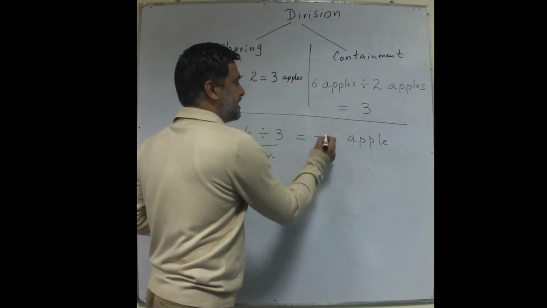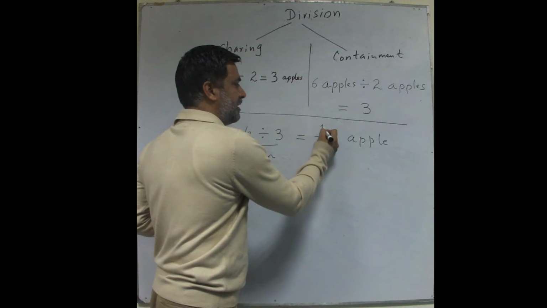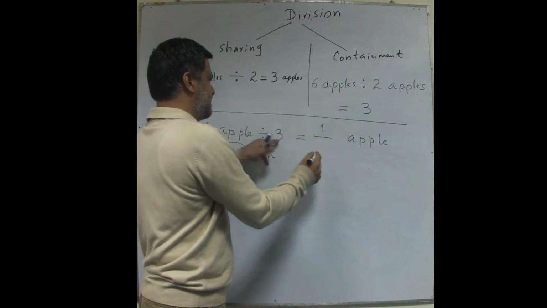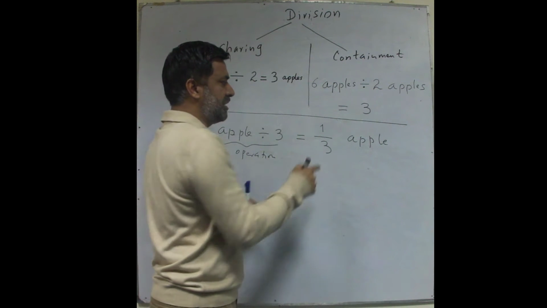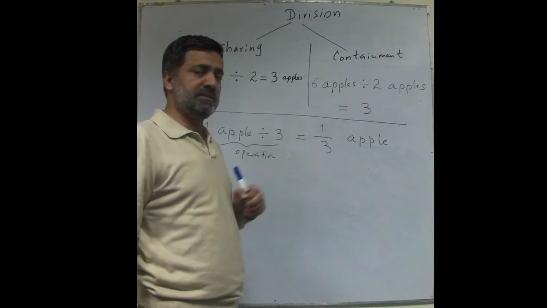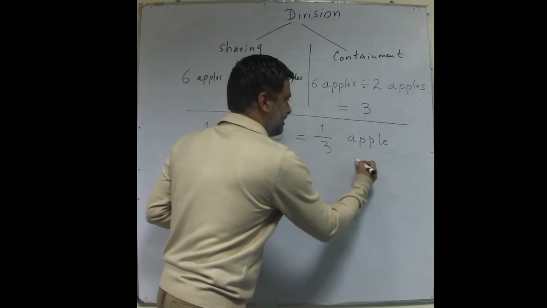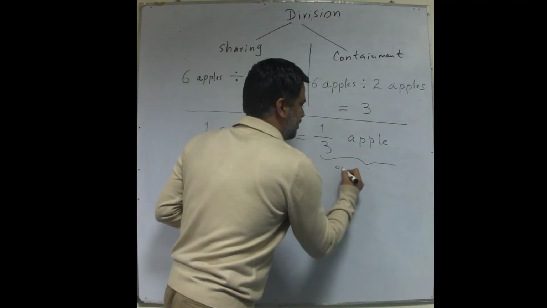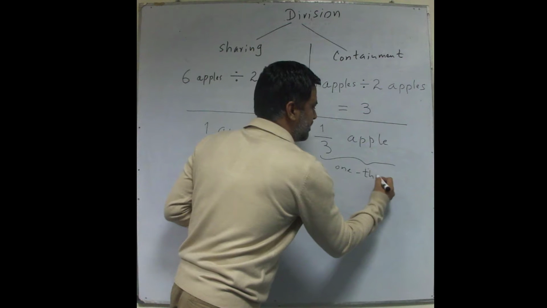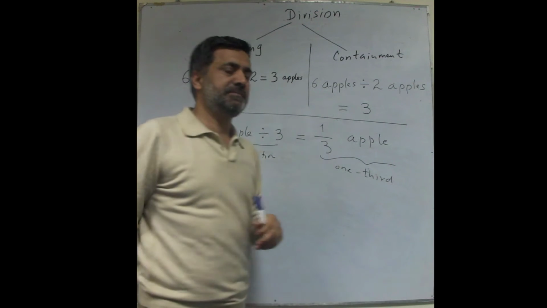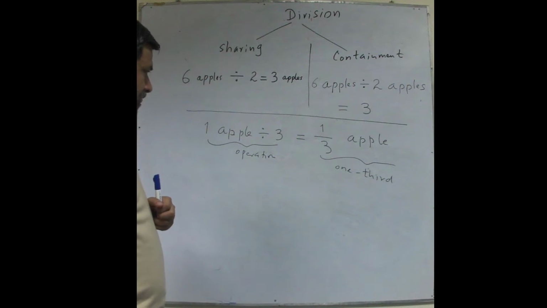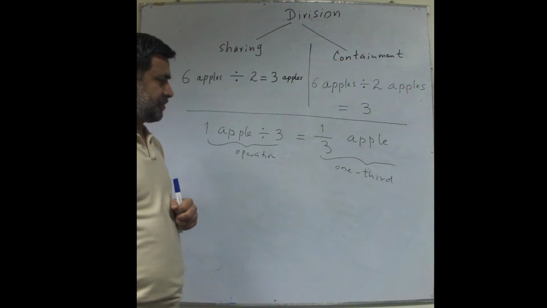So the standard notation is to put a line and put this 1 there and put this 3 there. And you literally say 1/3. Or you can also say a third of an apple.